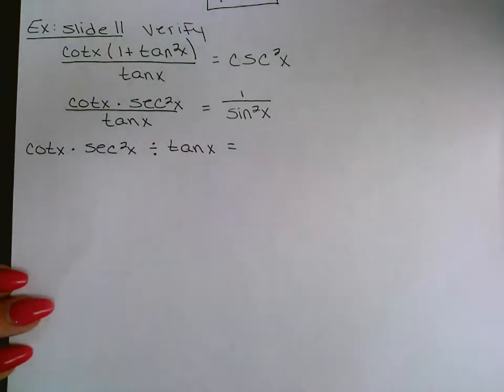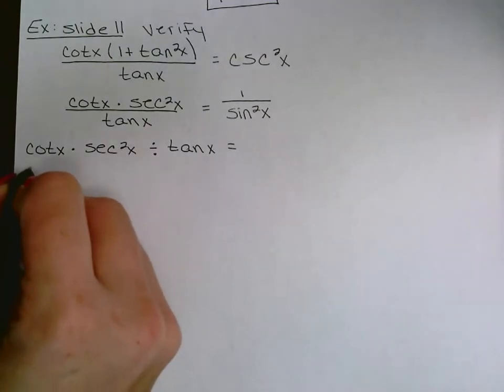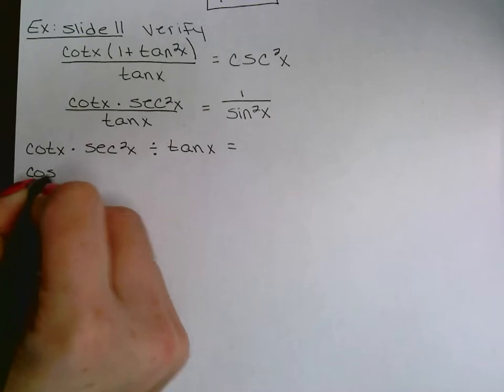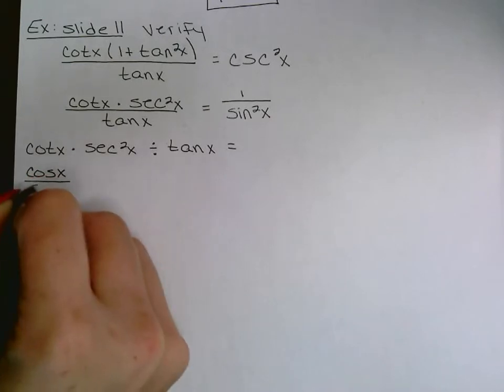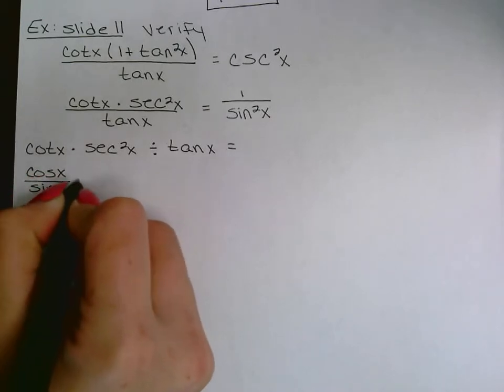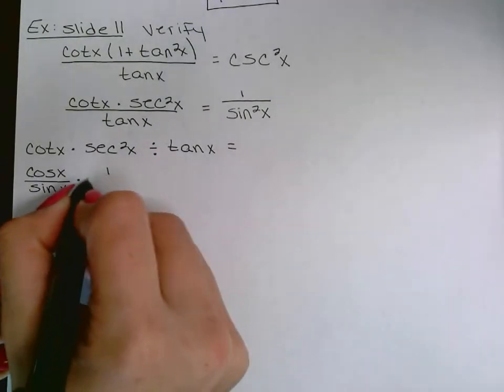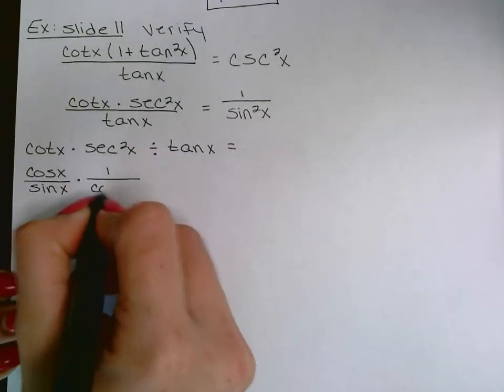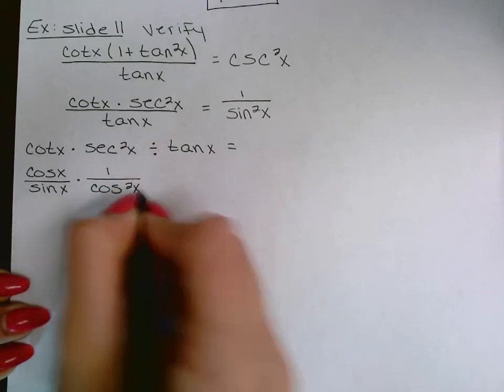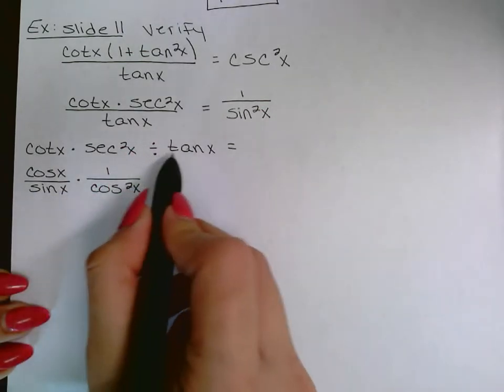So now, if I'm changing things to sine and cosine, what does cotangent become? Nice. This one becomes cosine over sine. What does secant squared become? 1 over cosine squared. And then I need to keep, change, flip.